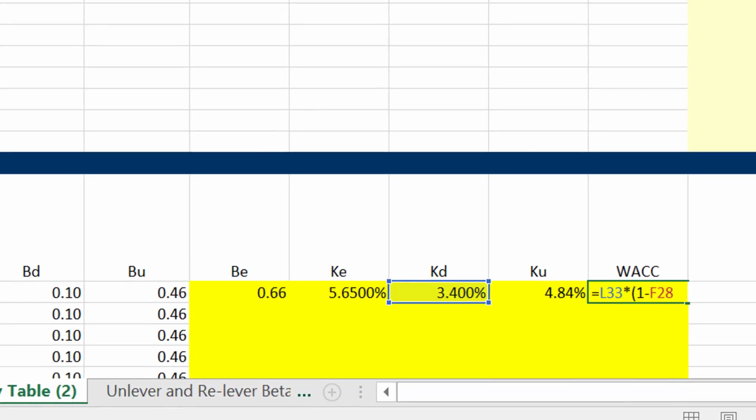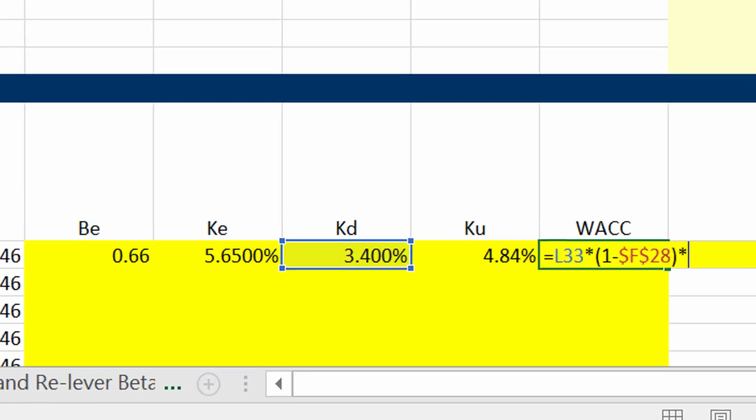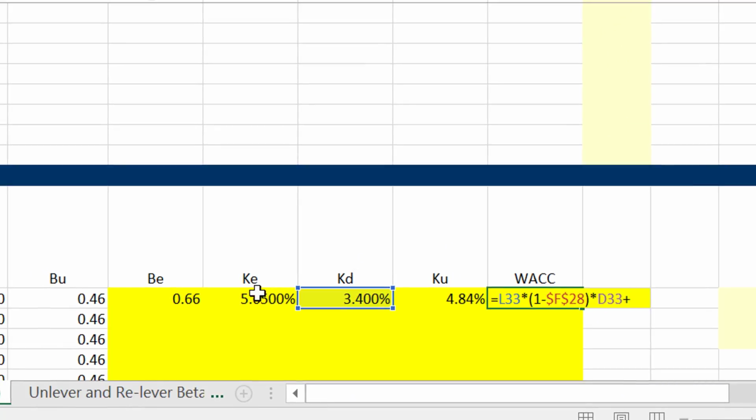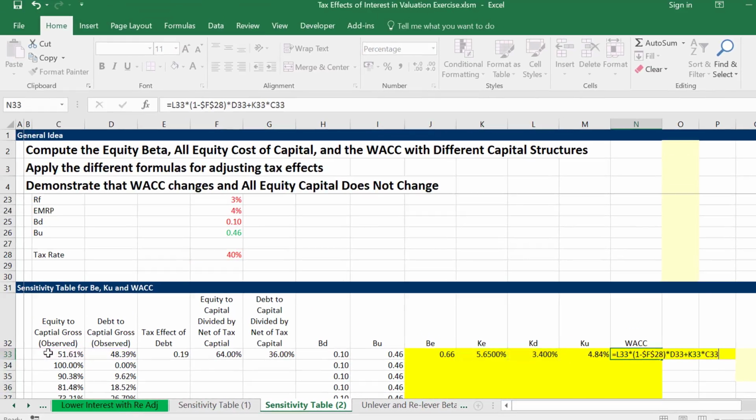That's what you normally do. Plus, of course, the gross debt to capital, plus the equity, which is the same in both cases, times the equity to capital that we see.